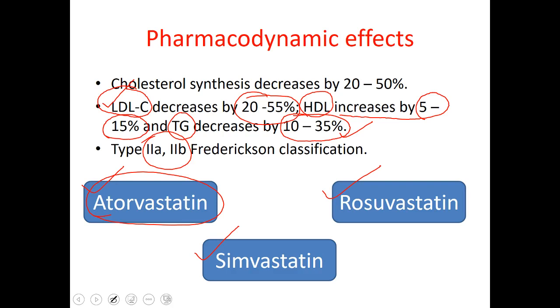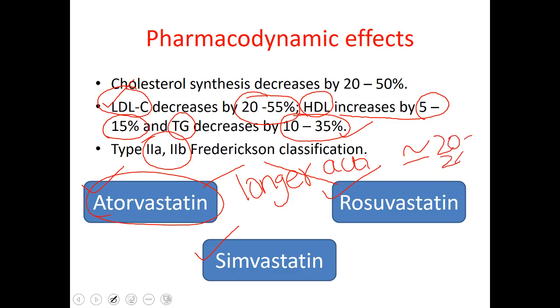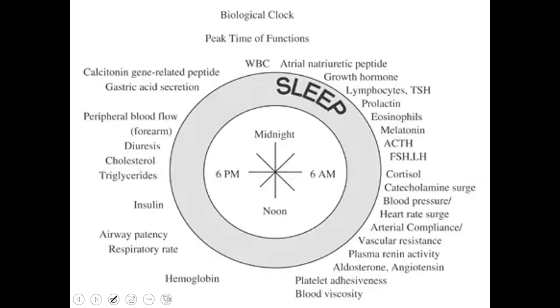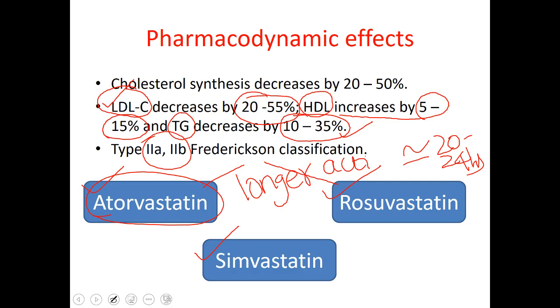Of these three, both atorvastatin and rosuvastatin are longer acting. Their half life is approximately 20 to 24 hours. So, they are long acting compared to simvastatin, whose half life is just 2 to 4 hours.